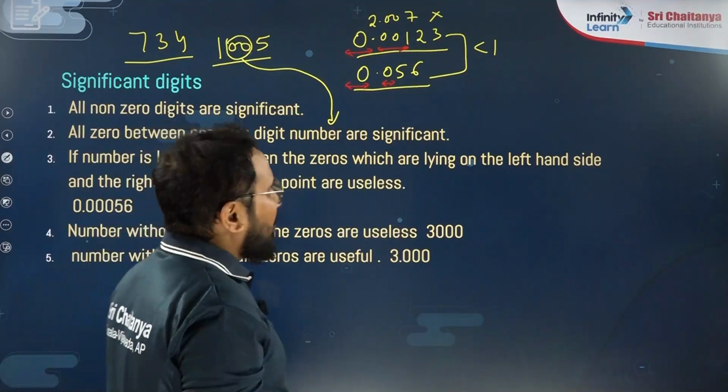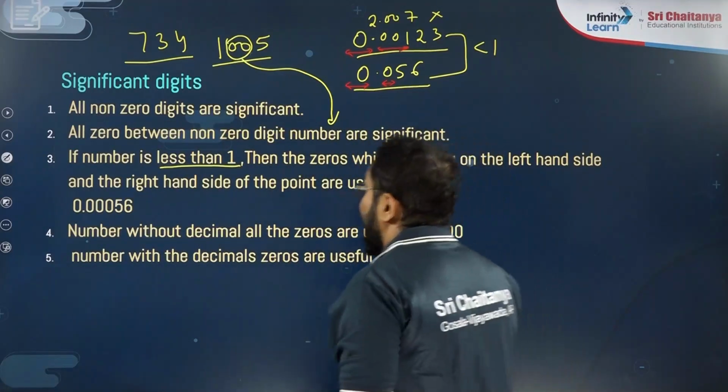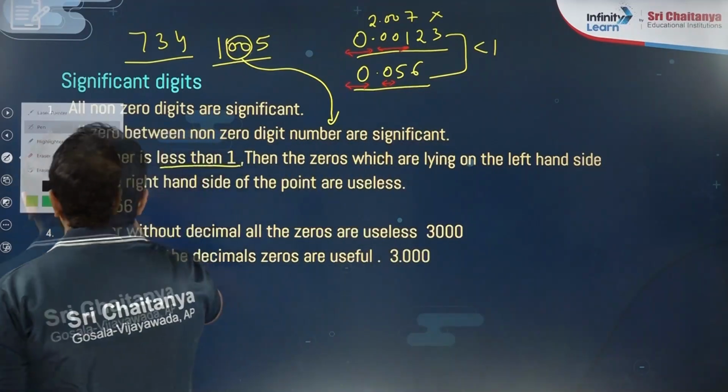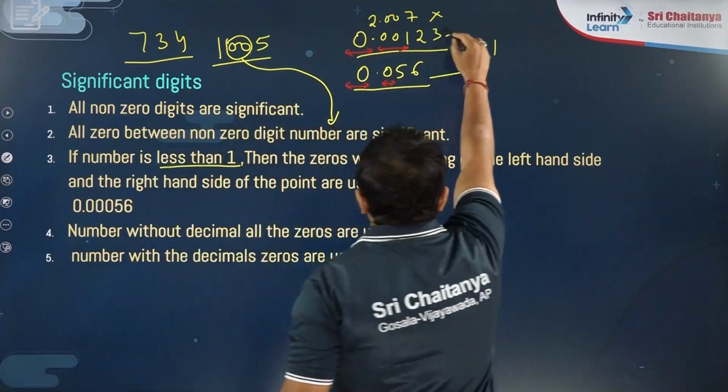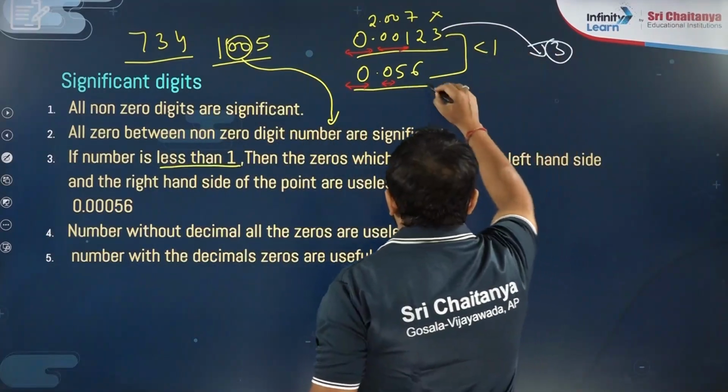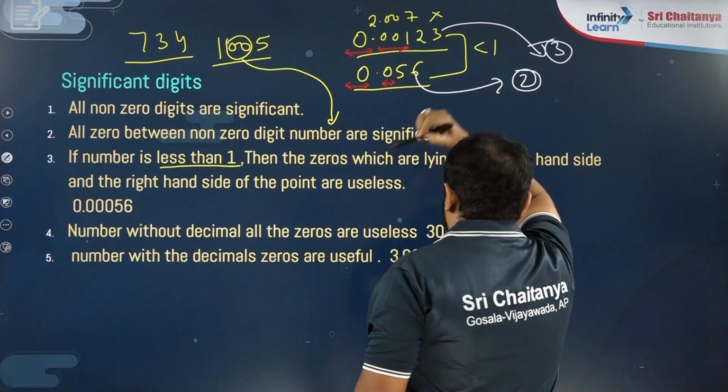We are not going to count them as significant figures. So how many significant figures are there in this scenario? If we see over here, we will get 3 significant figures. If we see this, we will get 2 significant figures.